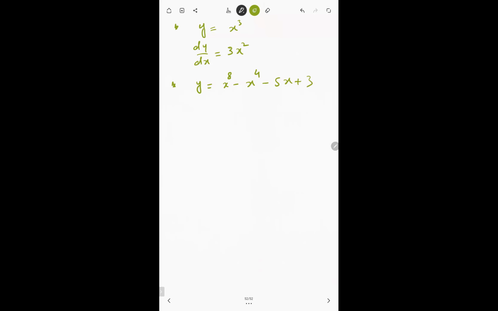If the question is to differentiate this, what will you get on the left side? If you differentiate the left side, which is y, d by dx of y we can directly write as dy by dx. And if you differentiate the right hand side, you will get 8x7 minus 4x cube minus 5.